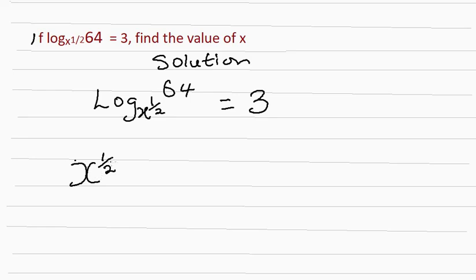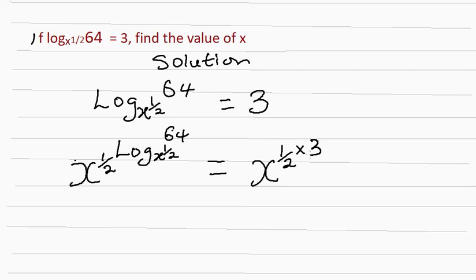So x raised to the power 1 over 2 is raised to the power of the log of 64, the base is 1 over 2. The same happens here, x raised to the power of 1 over 2 raised to the power of 3. This base will definitely cancel this base, so we are left with 64 is equal to x raised to the power of 3 all over 2.